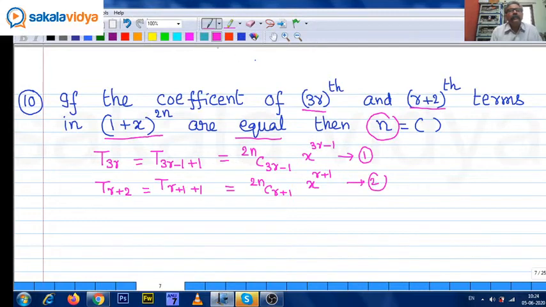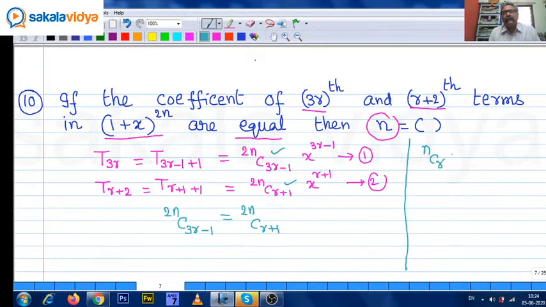According to the problem, coefficients are equal. That means 2nC(3r minus 1) equals to 2nC(r plus 1). In combinations, we have studied one concept: nCr equals to nCs, then n equals to r plus s, or we can write r is equal to s also.